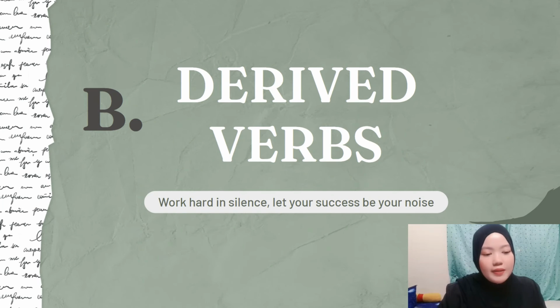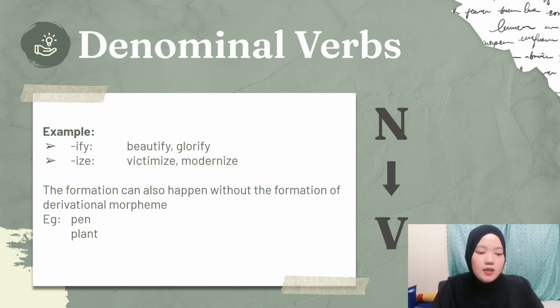The second pattern is derived verbs. We also have three components: the denominal verbs, the verbal verbs, and the adjectival verbs. In the denominal verbs, we have the suffix ify, for example, from the noun beauty to beautify, glory, glorify, and we also have the suffix ize: victim, victimize; modern, modernize.